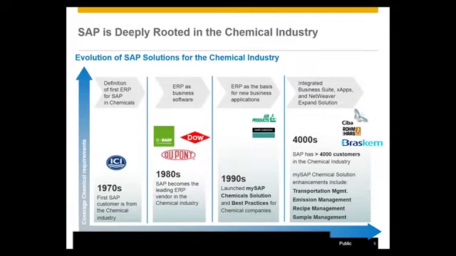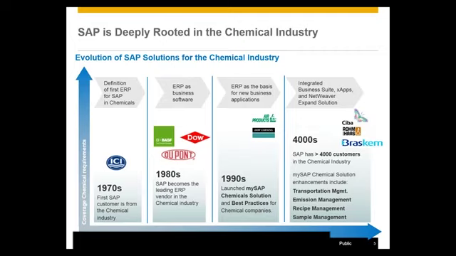A historical picture of how SAP as a company has evolved, in particular in the chemical industry. Interestingly, in 1970, the first customer that we got was from the chemical industry, and the first customer was ICI. That is where we started our journey.